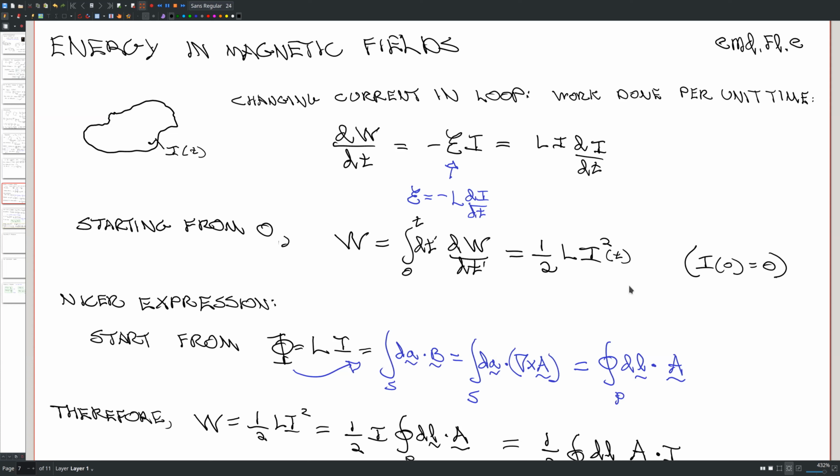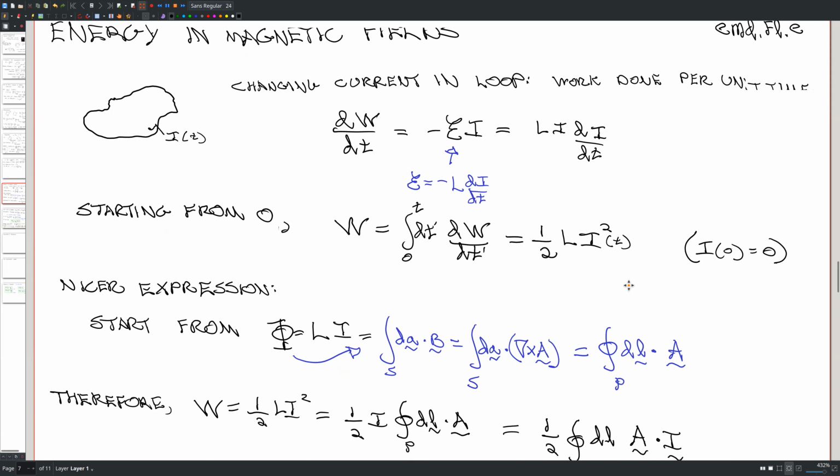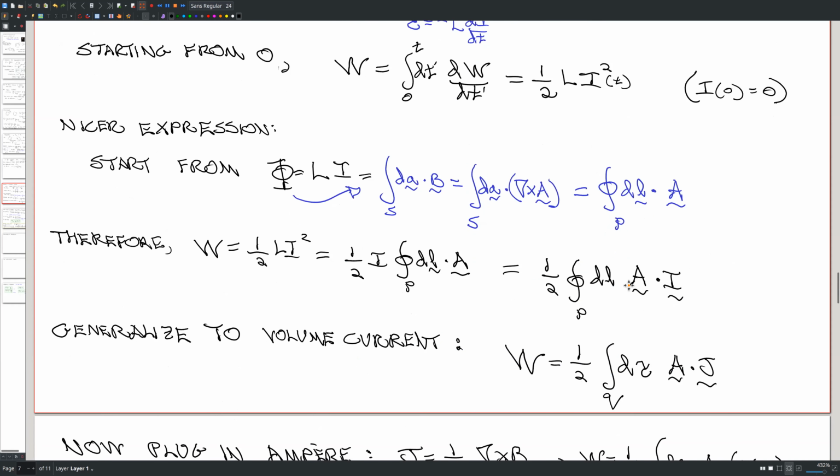Okay. Now, here there is a derivation. Once again, it's a technical derivation, but it starts from the idea of viewing a generic situation with currents flowing around in space as just a generalization of single loops with current like this. So now instead of having a single loop, what I'm going to have is a volume current moving around.